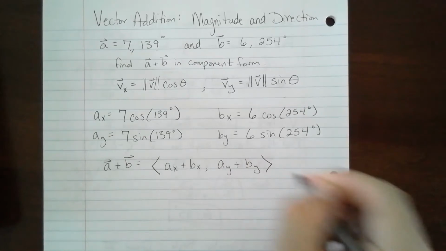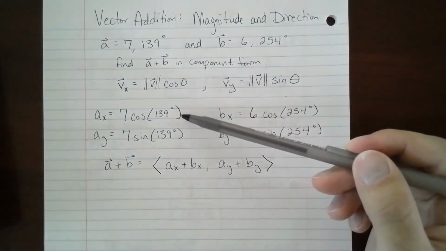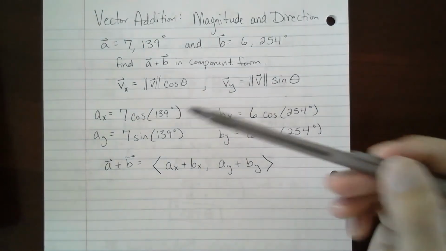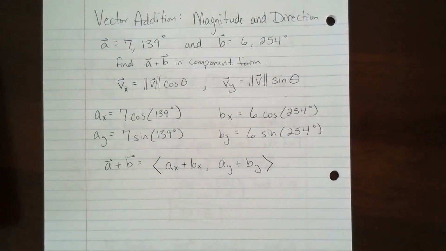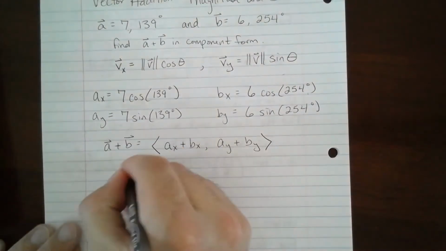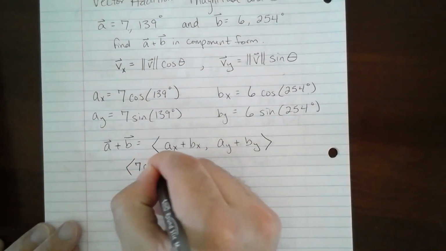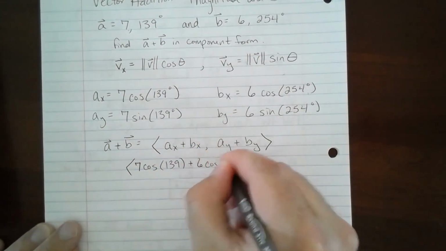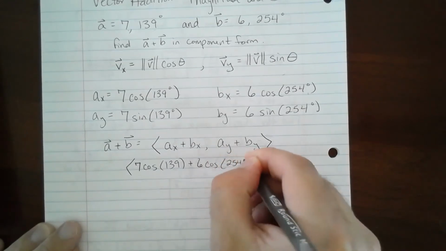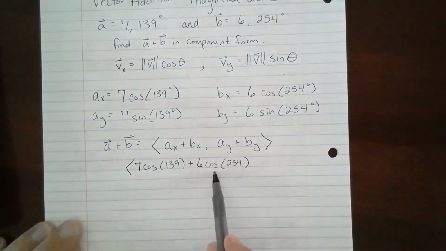Well, honestly speaking, with the calculator I'm going to be using, this TI-84 Plus, I can just type in 7 cosine 139 plus 6 cosine of 254. I can actually just input that exactly into the calculator. So I'm going to type this in like this. Because that is AX plus BX.